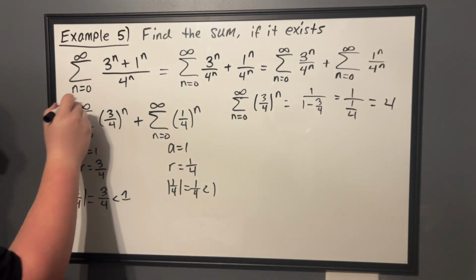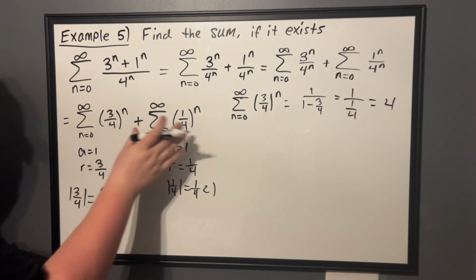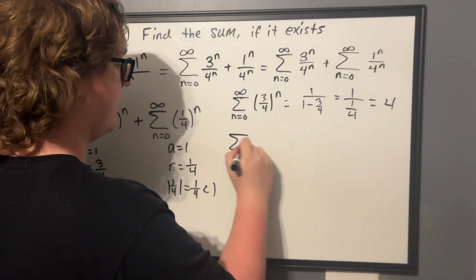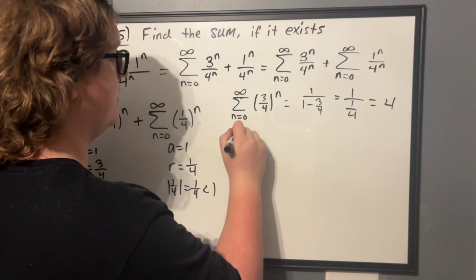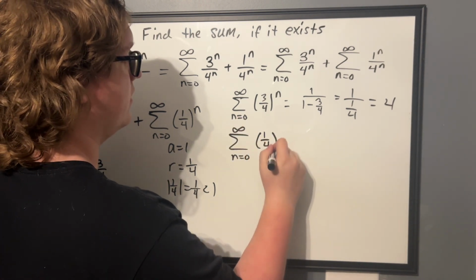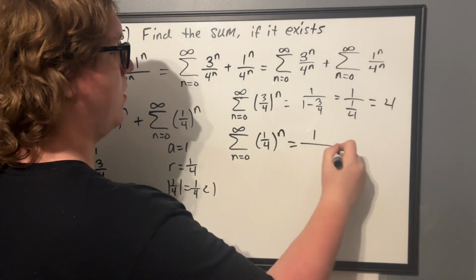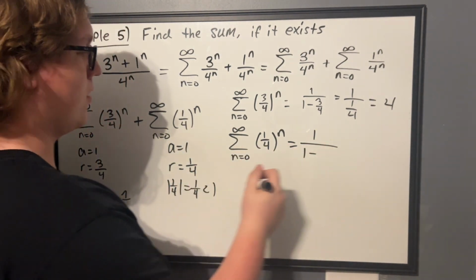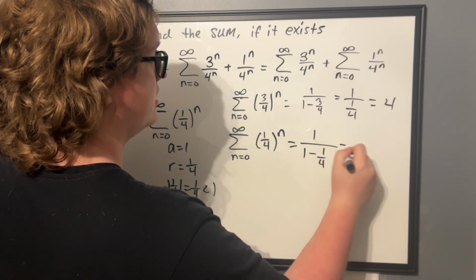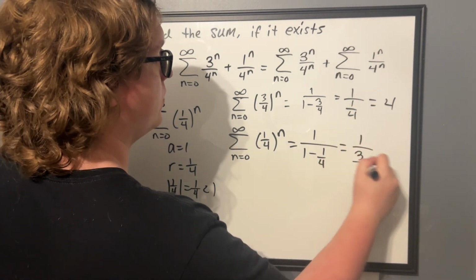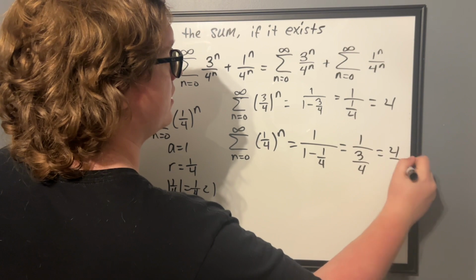So that's this one. This one right here converges to 4. So now we want to figure out what this one converges to. So we have the sum from n equals 0 to infinity of 1/4 to the n. This is, again, a is 1, so we're going to have 1 over 1 minus r, which is 1/4, which is going to be 1 over 3/4, which is 4/3.